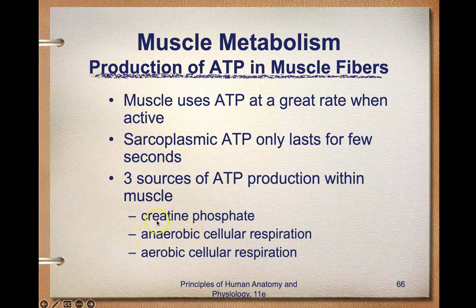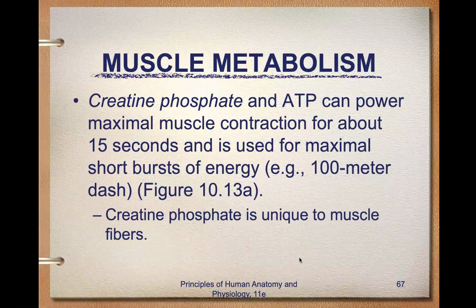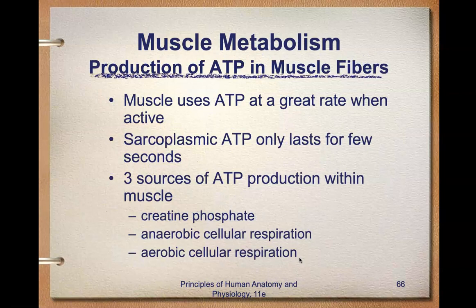One of them is one that you may or may not have heard of from 181, creatine phosphate. The other two you should know about: anaerobic cellular respiration and aerobic cellular respiration. Those are the two you've probably heard about. Please keep in mind that I am not going to have time to go over anaerobic and aerobic cellular respiration with you.